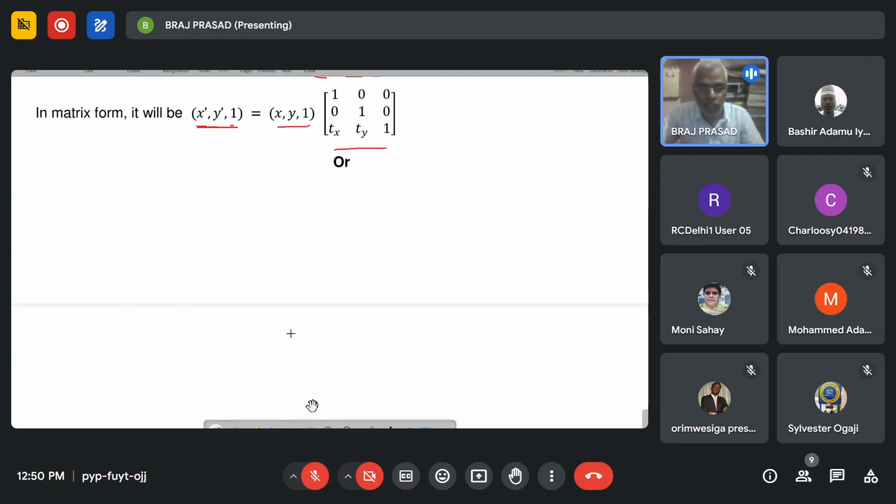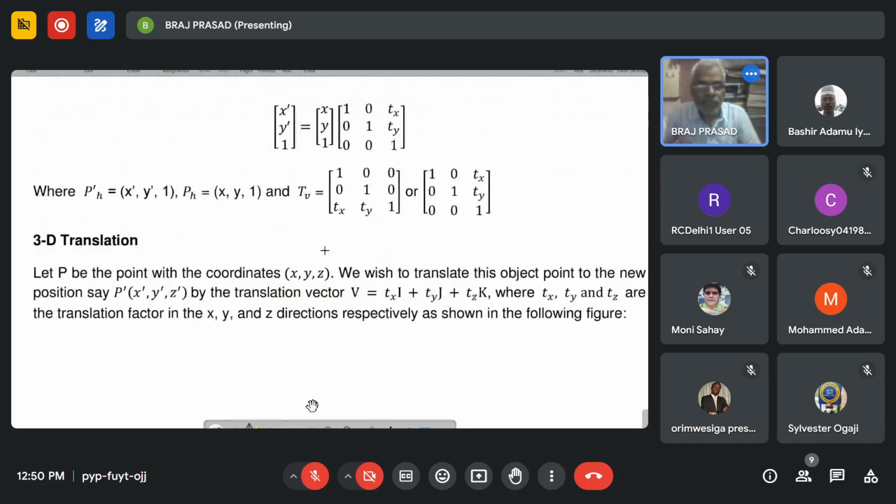In column matrix, it can be written like this: x dash y dash 1, x y 1, and 1 0 t x. So this column is converted into a row, and this column is converted into this row, and this third column is converted into the third row. So it becomes the column form.